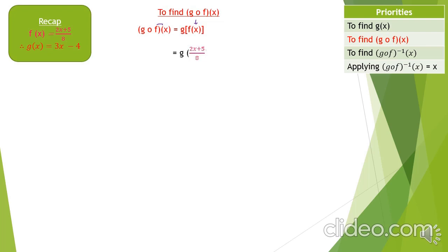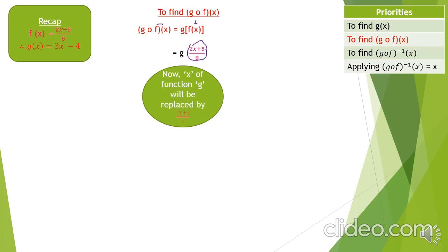Now the output of the function f is the input for the function g, so the x of g will be replaced by (2x + 5)/8.